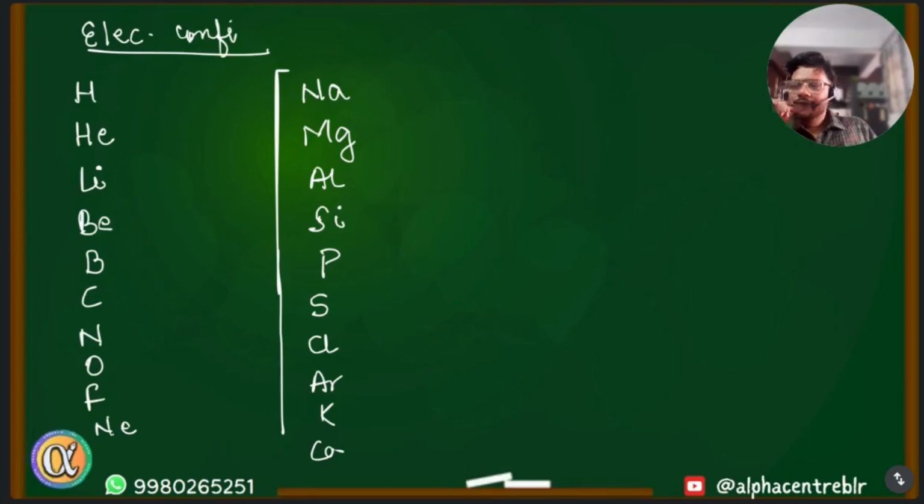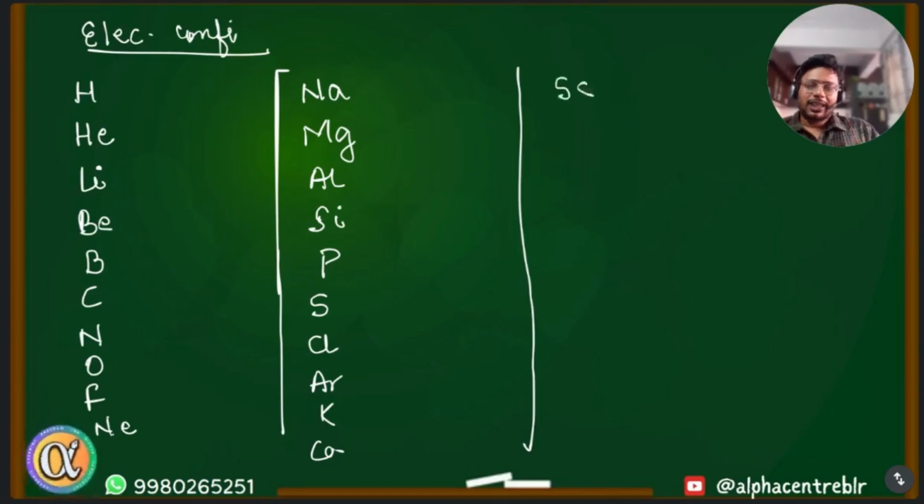Okay, now I'll remember. Lasha, do you know the next 5? Sir, I don't know. Anyone knows the next 5? It's not in our syllabus. Scandium, vanadium, titanium, chromium, manganese, iron, cobalt, nickel, copper, zinc.